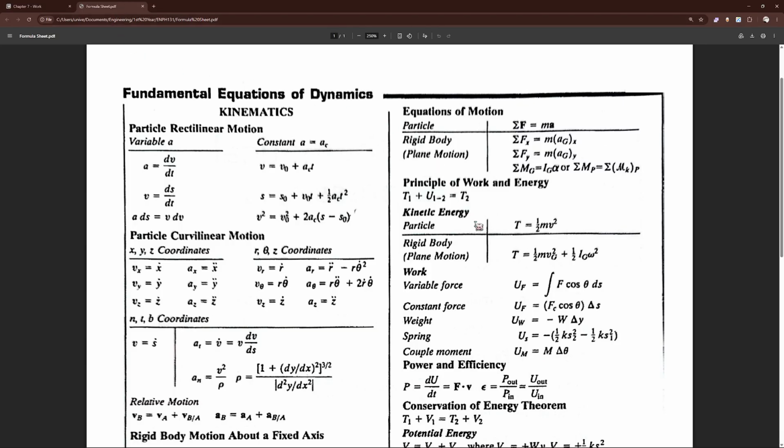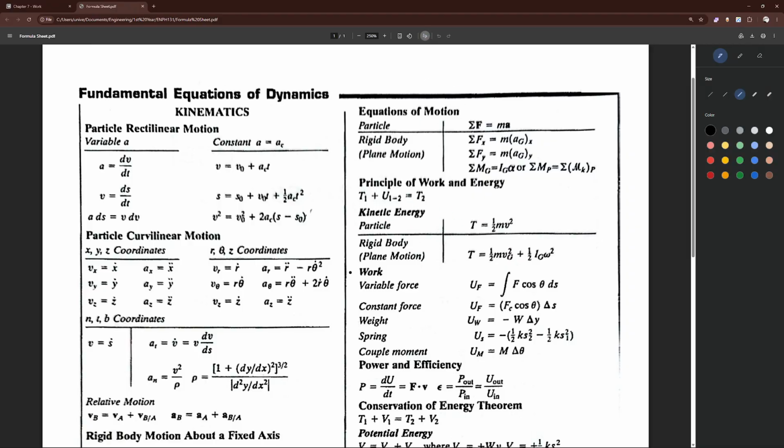As you can see, in this section on kinetic energy, under work, constant force, it's right here, this equation. And you can also see that variable force is what we just showed above.